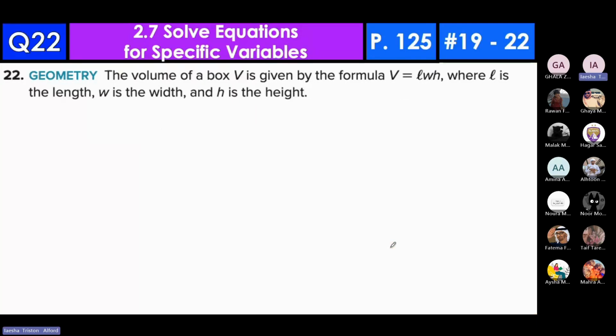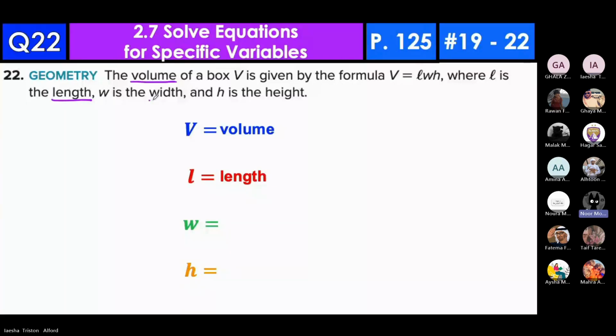Part 2, you have to say what are your variables. So what is V? The volume. What is L? The length. What is W? The width. And what is H? The height.